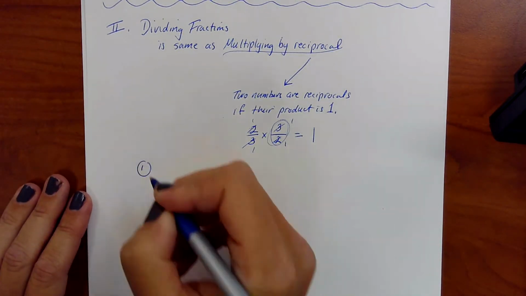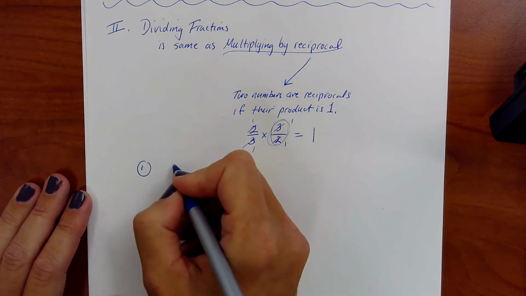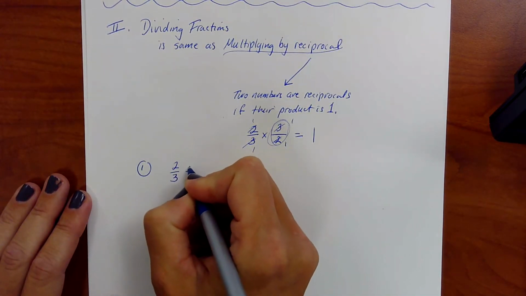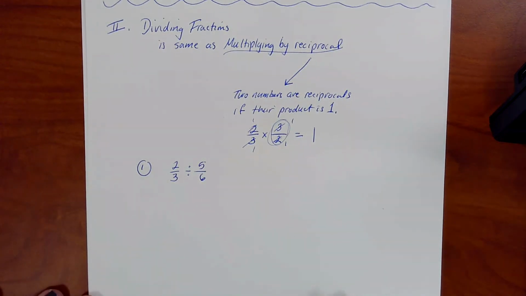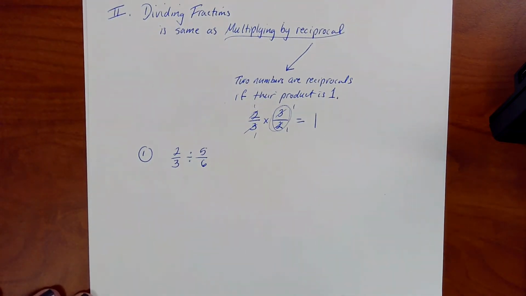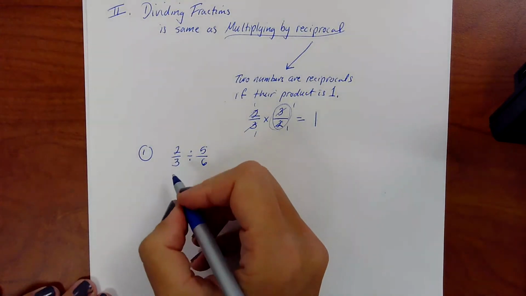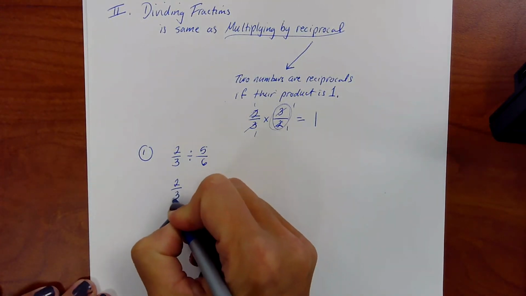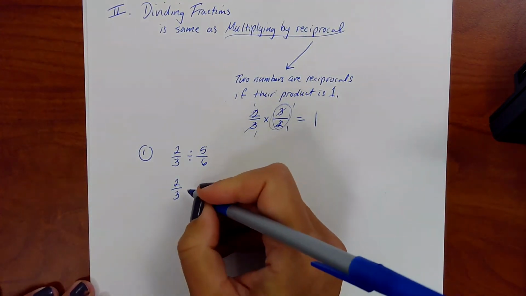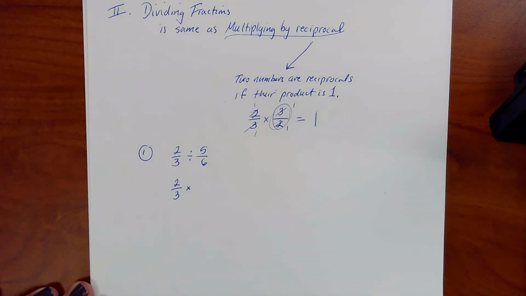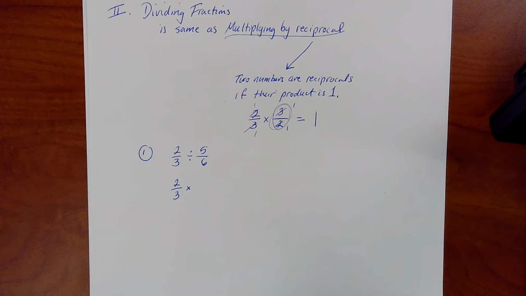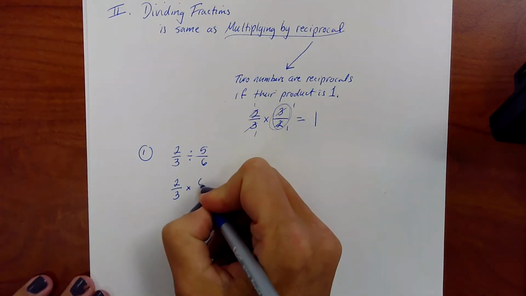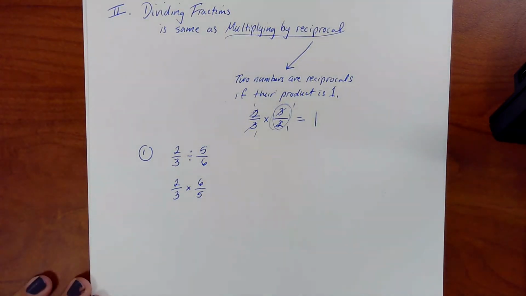So let's do an example here. 2/3 divided by 5/6. Okay, so we're going to keep the first number the same. We're going to change the division to multiplying, and we're going to flip the second number to the reciprocal. Now it's just a normal multiplying problem.